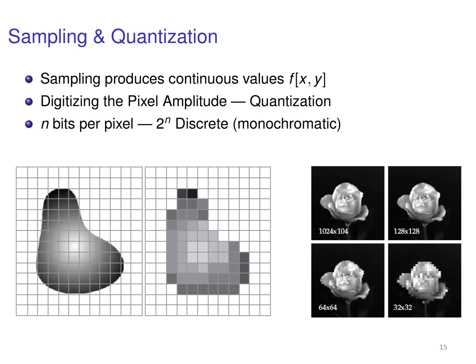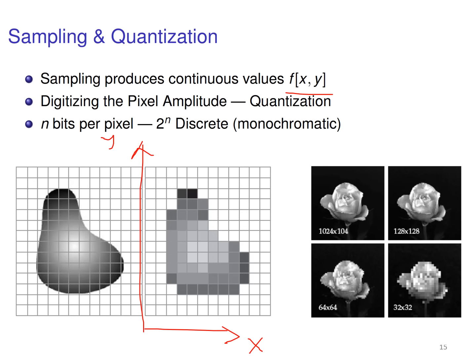Remember that sampling produces continuous values in x and y, because x and y are your spatial, multivariate, independent variables, and in each pixel, when you identify the location, there is the illumination, which is the grayscale level.